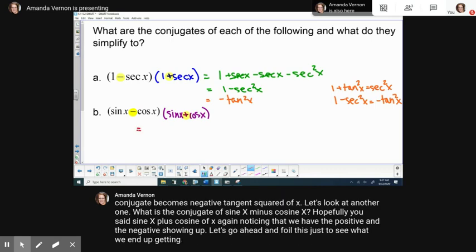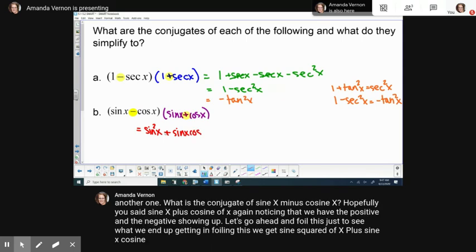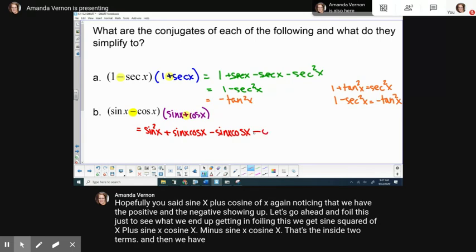In FOILing this, we get sine squared of x plus sine x cosine x minus sine x cosine x. That's the inside 2 terms. And then we have minus cosine squared of x.